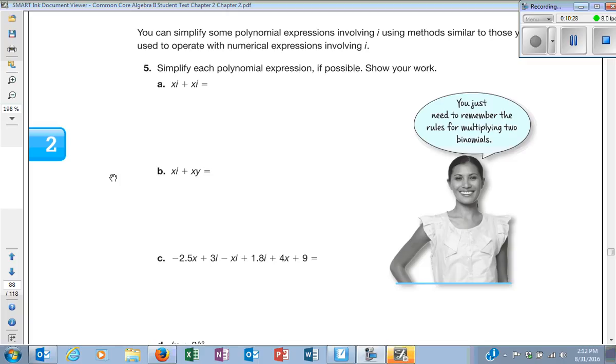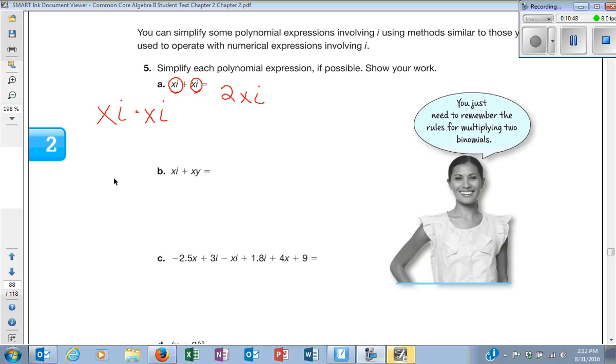If you look at this right here, these are like terms because they have an x and an i. So how many xi's do I have? I really have 2 xi. Now the thing you have to be careful of is this looks a lot like xi times xi, but it's not.